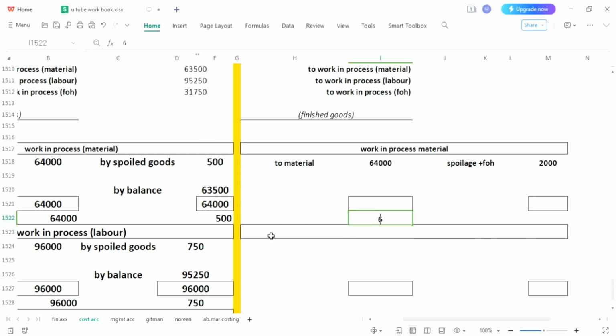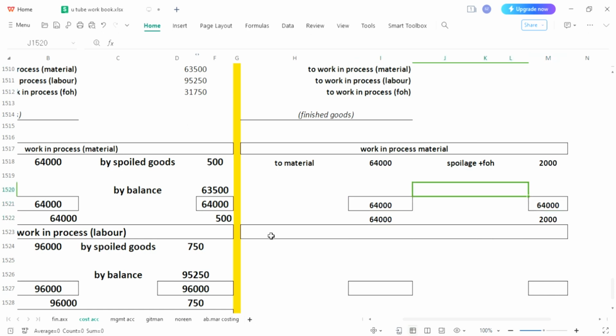Total of debit side 64,000 and total of credit side 2000. Larger sum would be put on total of both sides, 64,000 and 64,000. We will choose the smaller side.